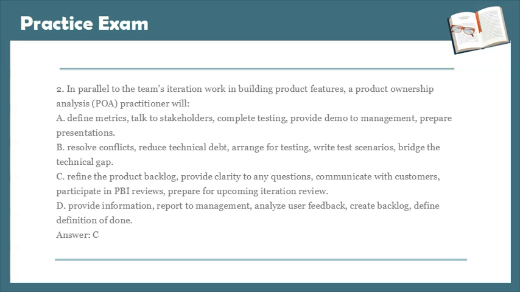C. Refine the product backlog, provide clarity to any questions, communicate with customers, participate in PBI reviews, prepare for upcoming iteration review. D. Provide information, report to management, analyze user feedback, create backlog, define definition of done. Answer: C.